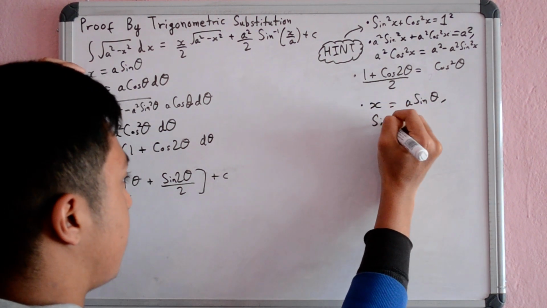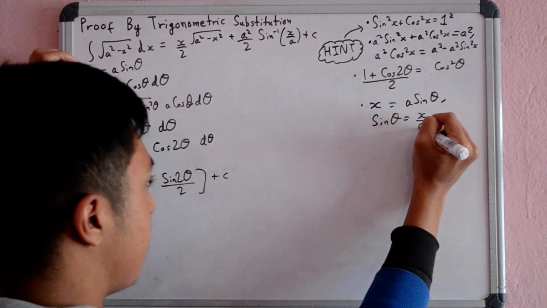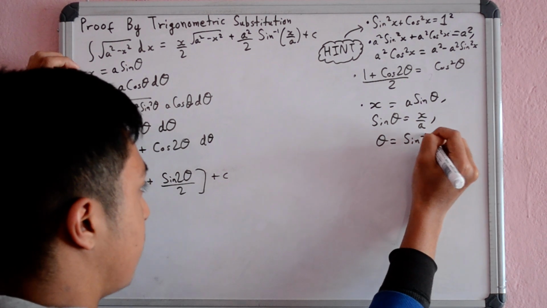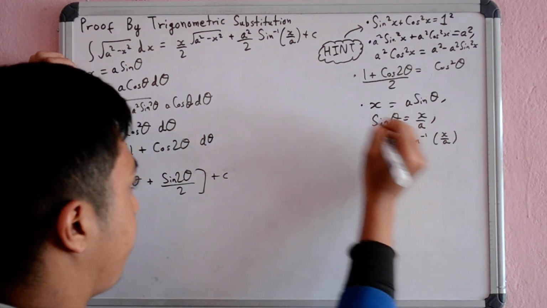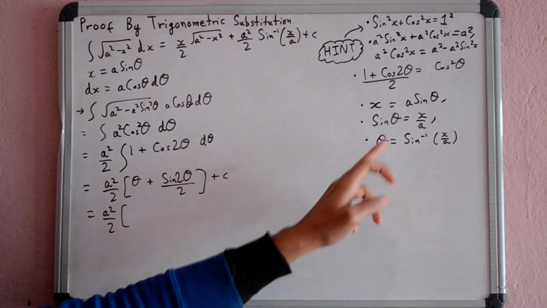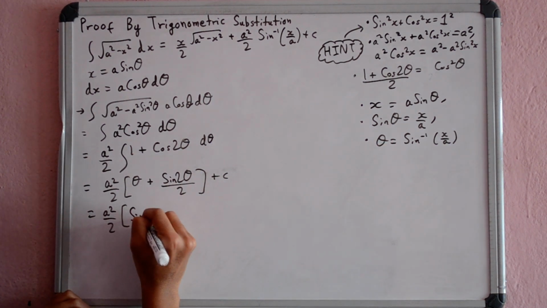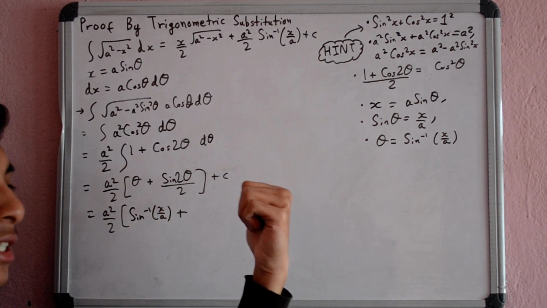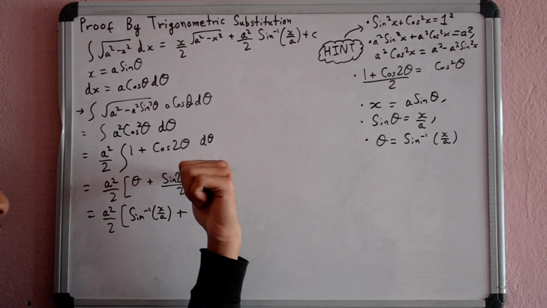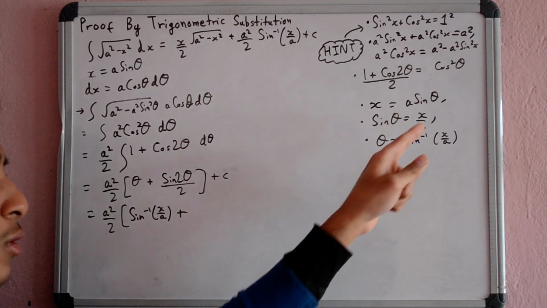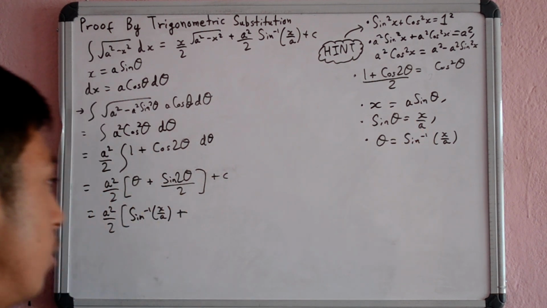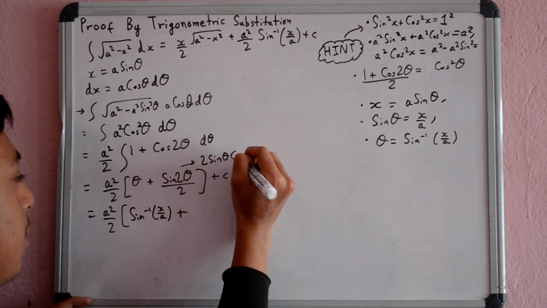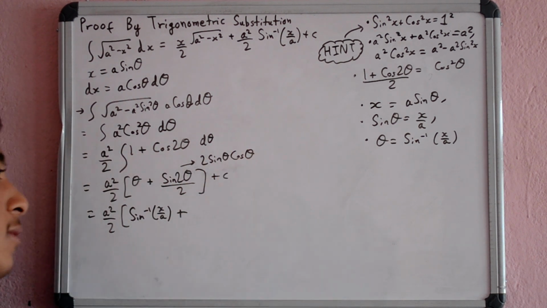That means sin theta is equal to x by a, and from here we get that theta is equal to sin inverse x by a. So this is sin inverse x by a. Plus, what does sin 2 theta do? Well, it's just sin theta twice, right? So 2x by a. Wrong, because sin 2 theta is 2 sin theta cos theta. Don't forget your multiple angles.